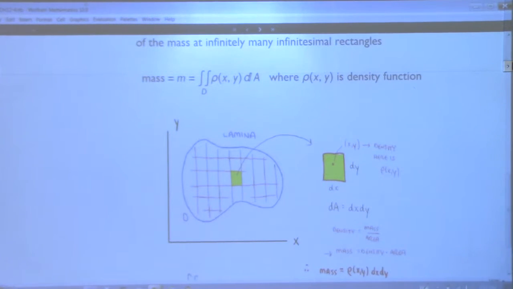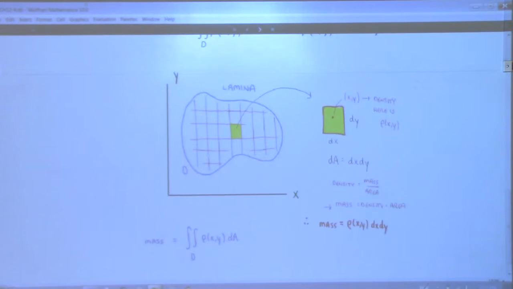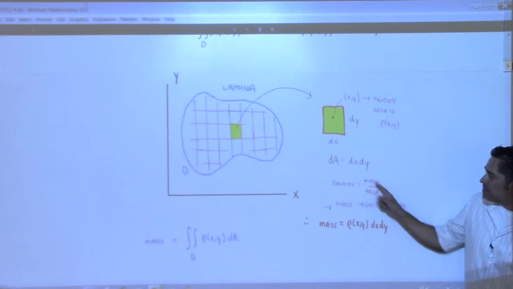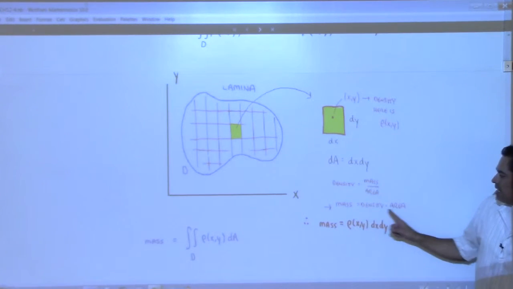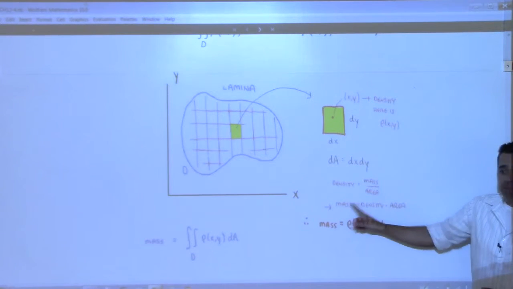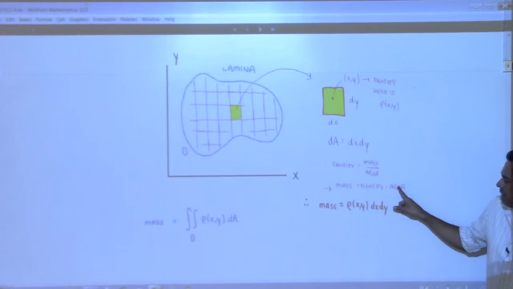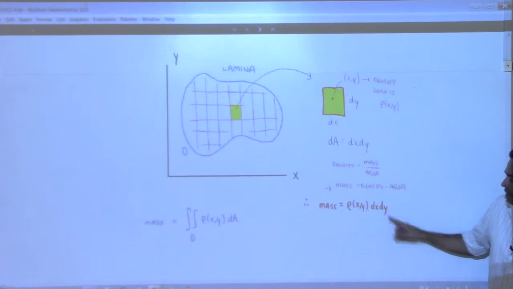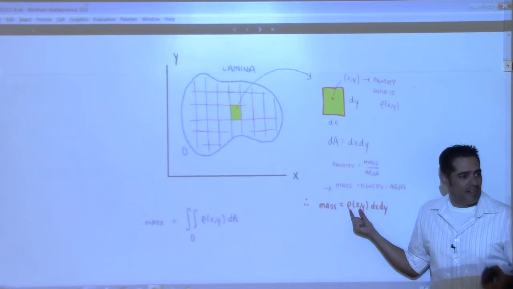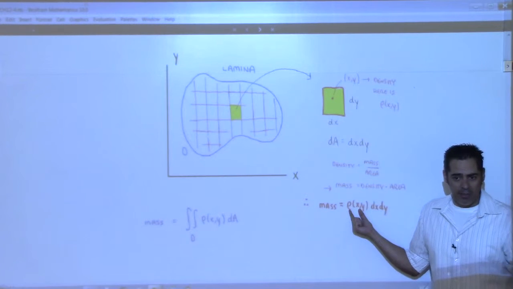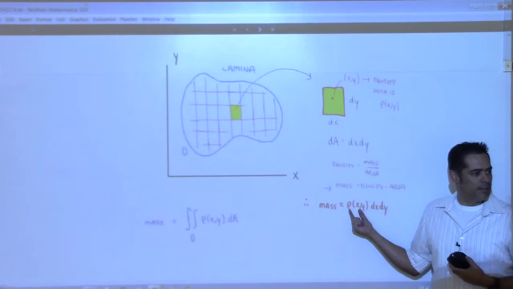Now, do we know the density? Density is mass over area, which means if I solve for mass, it's density times area. I know a formula for the area: dx dy. The only thing I don't know is the density itself at each point, unless somebody gives that to me.